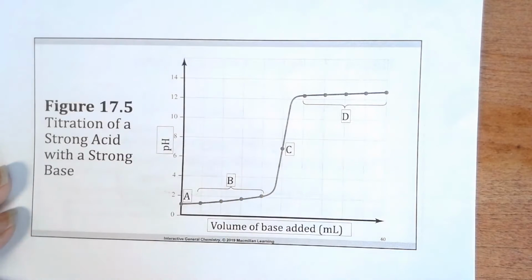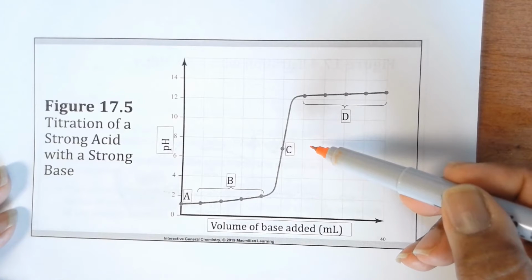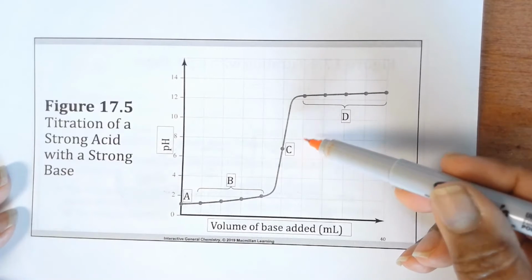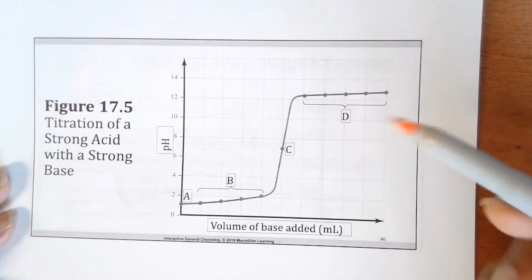So that's region B. And then region C, this is where you've reached the equivalence point, and then you add excess of the sodium hydroxide, and that's region D.